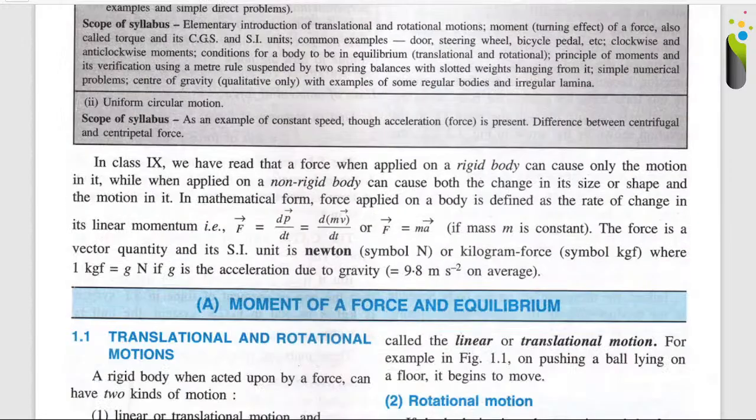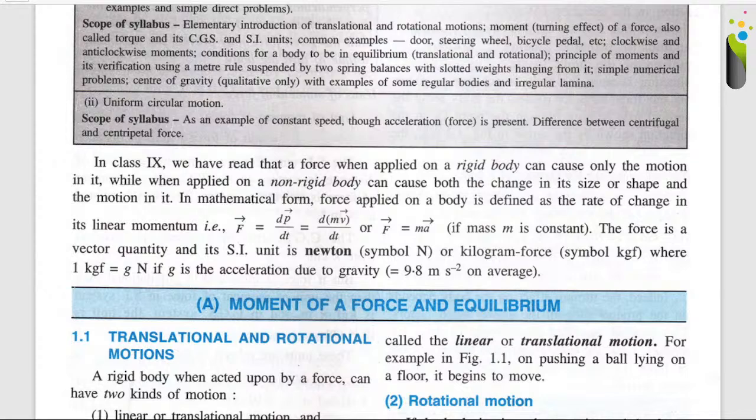In class ninth, we have read that a force, when applied on a rigid body, can cause only the motion in it, while when applied on a non-rigid body, can cause both a change in its size or shape and the motion in it.